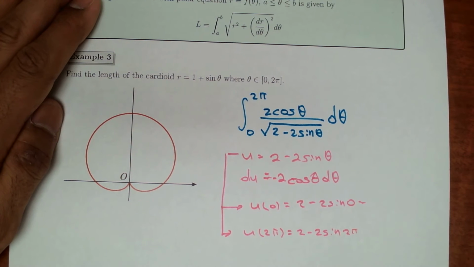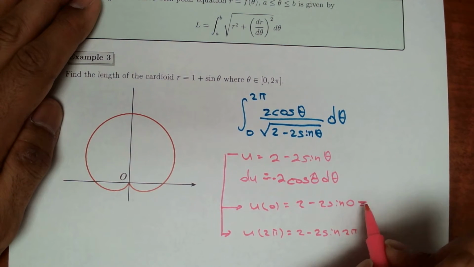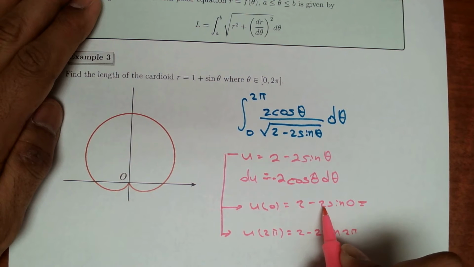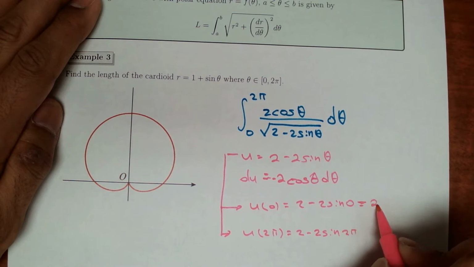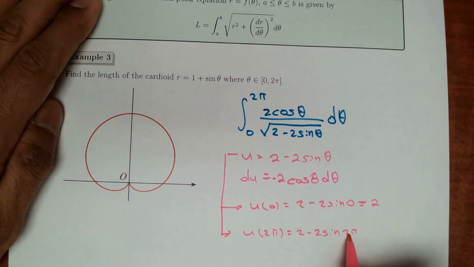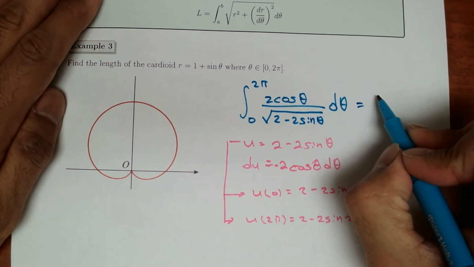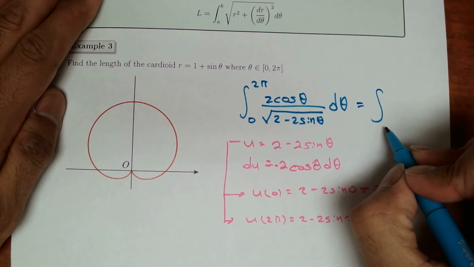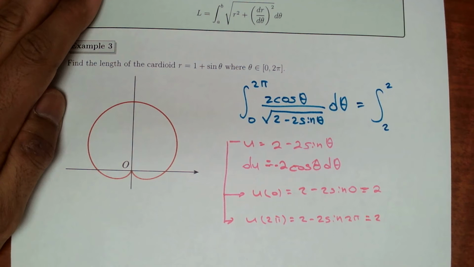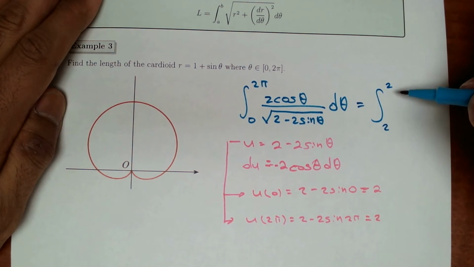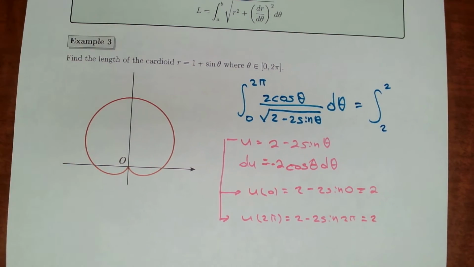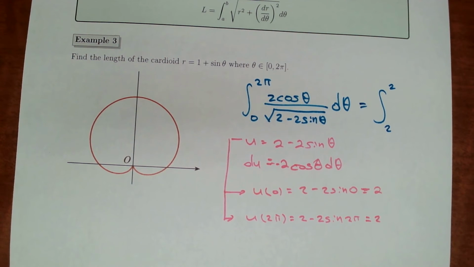So the issue that we ran into in class: sine of 0 is 0, so 2 minus 0 is 2, and sine of 2 pi is also 0, so 2 minus 0 is also 2. So we got to a point in which the integral gets evaluated from 2 to 2. When the limits of integration are the same, the value of the integral is 0, because there's no change from a to b.